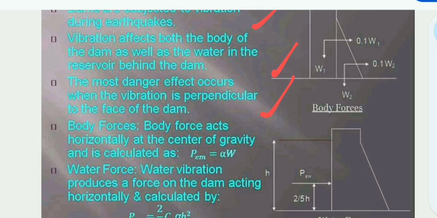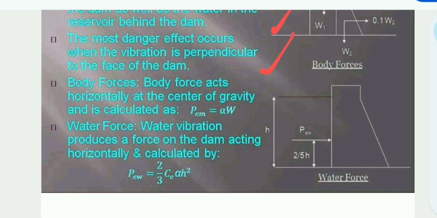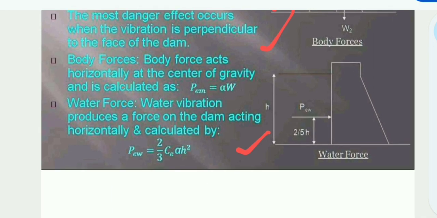Body forces act horizontally at the center of gravity and are calculated as Pm equal to alpha into W. Water vibrations produce a force on the dam acting horizontally, calculated by Pw equal to 2 by 3 C into alpha into H square.